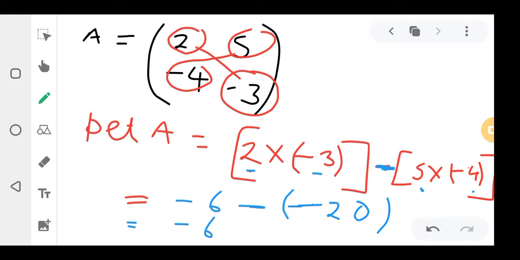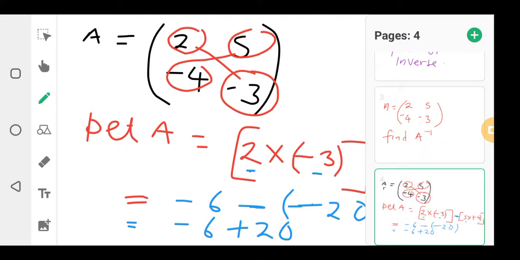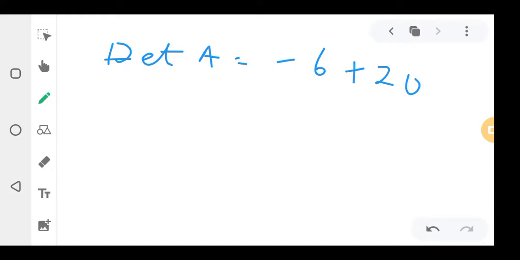These two negatives make a +20. We are continuing. So determinant of A is equal to -6 +20. It will give me +14. -6 plus 20 is +14.